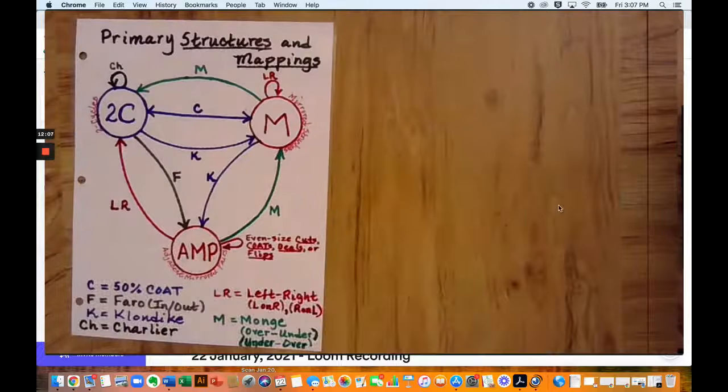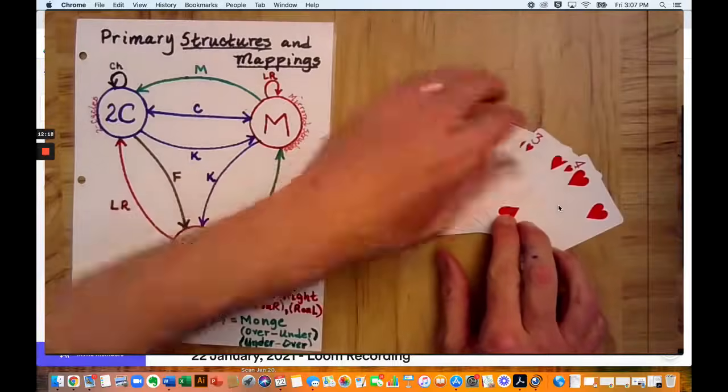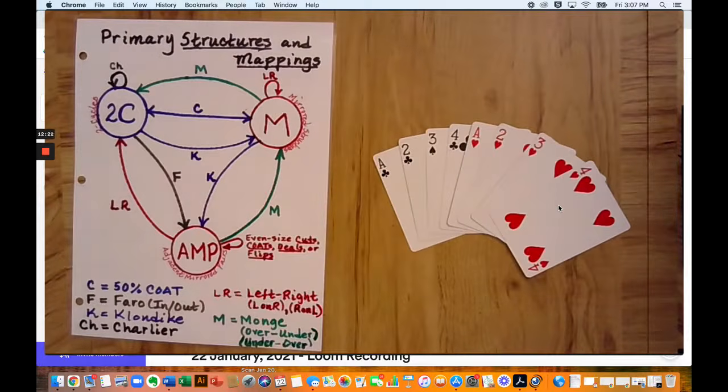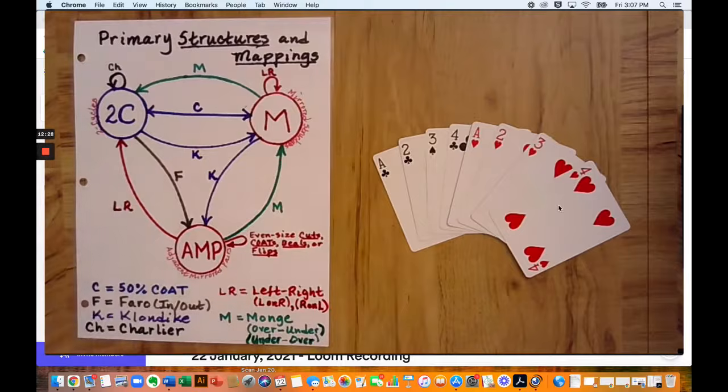Okay, so let me show you examples of each of those. I have here 8 cards. How you need to begin is you need to decide what the categories of interest will be for the cards.